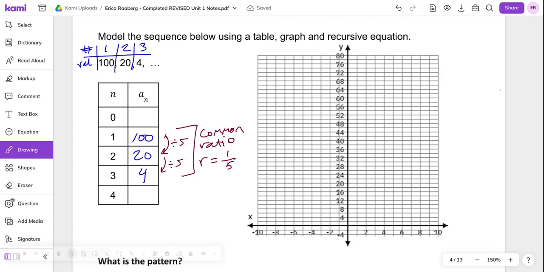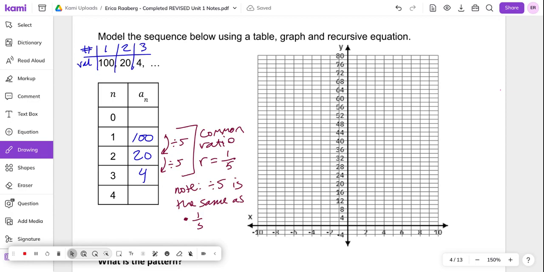So let's see, just a little note. Dividing by 5 is the same as multiplying by 1 over 5. All right, so we have to use that multiplying factor when we do the common ratio. It's super important that we change it to a multiplier instead of using division.